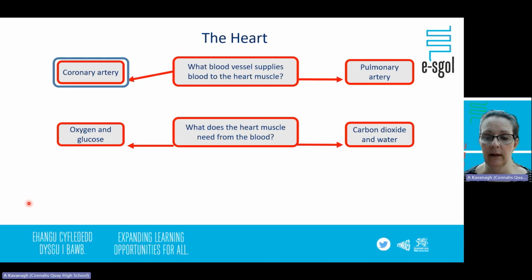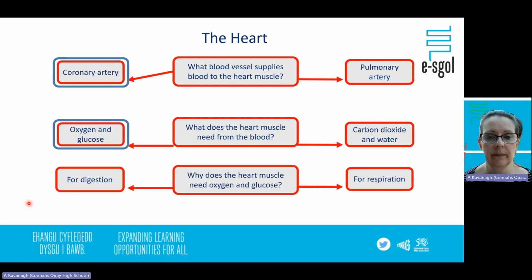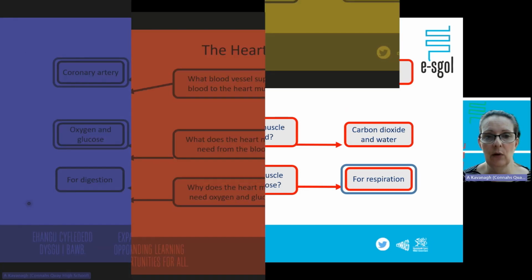Write down what you think. Oxygen and glucose. And our third question, why does the heart muscle need oxygen and glucose? Does it need it for digestion or for respiration? It's for respiration. So let's move on.